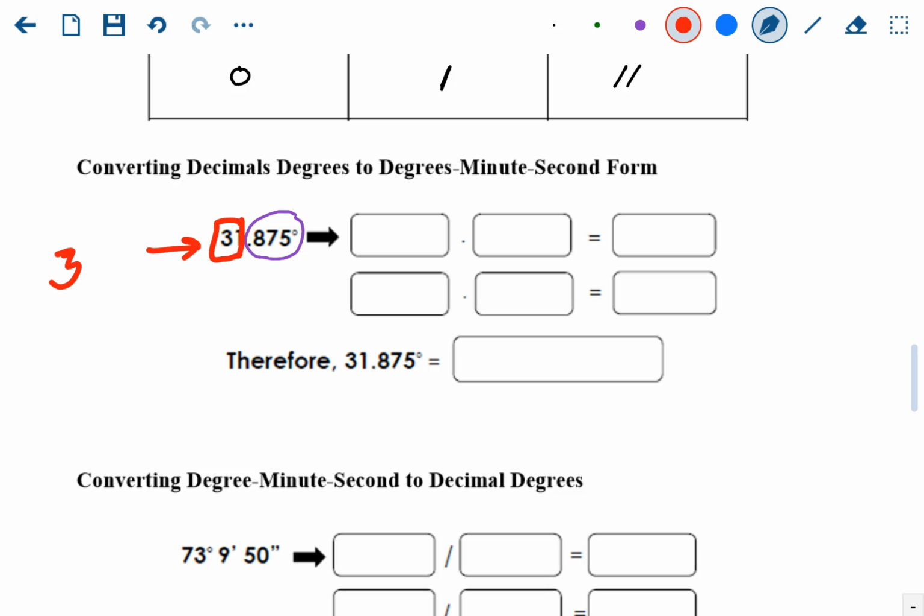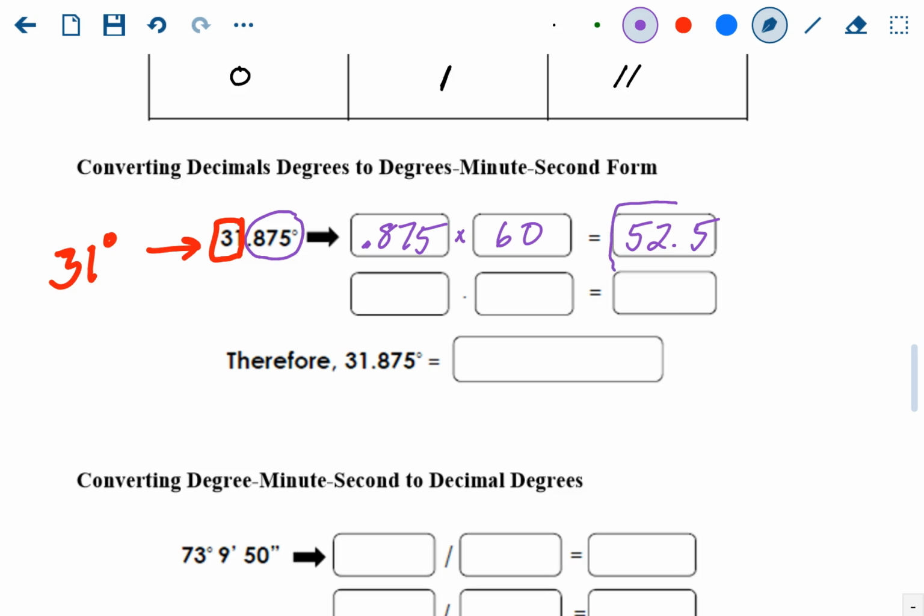So we know it's going to be 31 degrees and some minutes and seconds. So start with the decimal form, the 0.875, and multiply that by 60. So take 0.875 and multiply it by 60. That gives you 52.5.